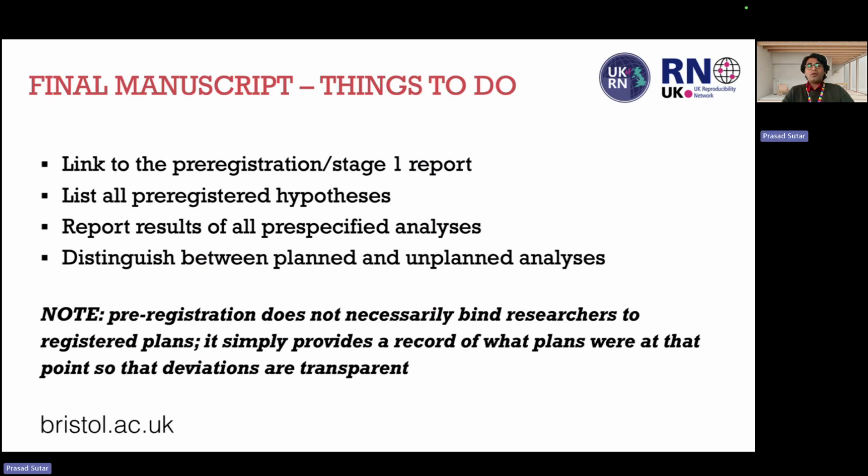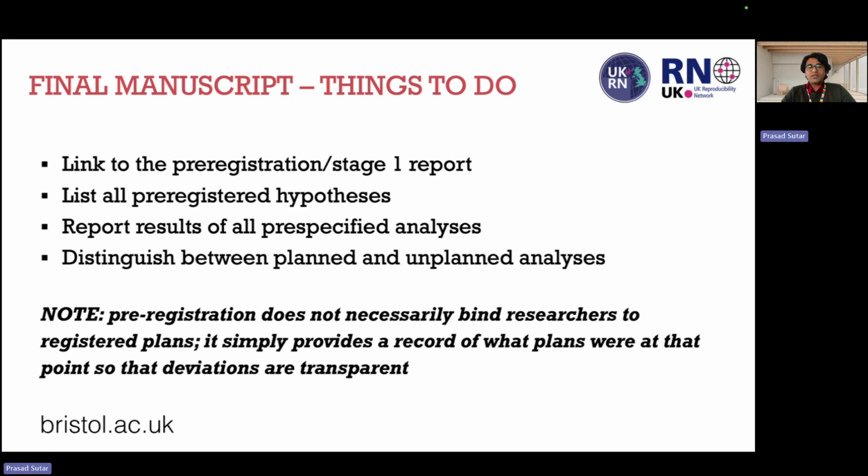What are the final steps that you are required to do in your registered reports is that you have to link your pre-registration or your stage one reports. You have to list all the pre-registered hypotheses and report the results accordingly. You also have to distinguish between planned and unplanned analysis, if a situation has arisen that has forced you to do some unplanned analysis.